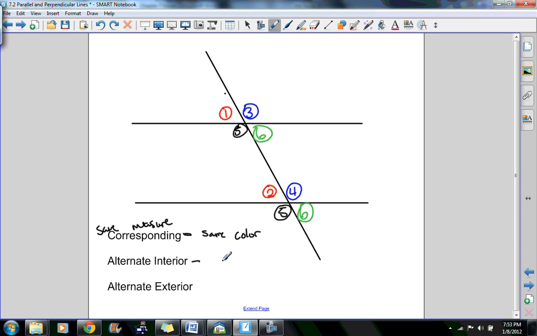Alternate interior are going to be the ones that are on the inside. So if you looked at this as a top piece and a bottom piece, on the inside are interior angles. Now, alternate means opposite.